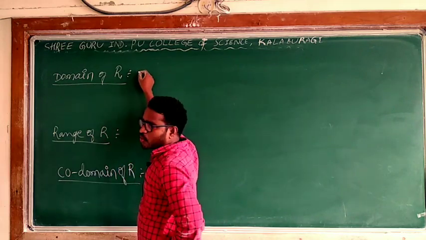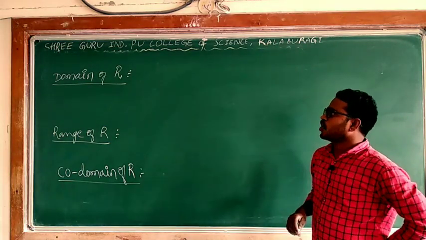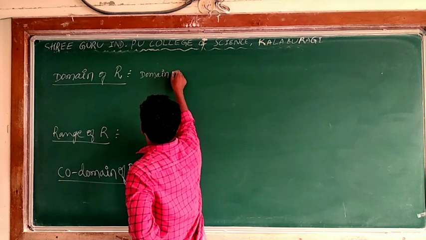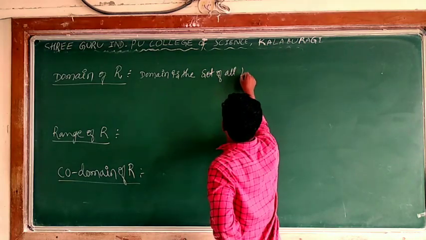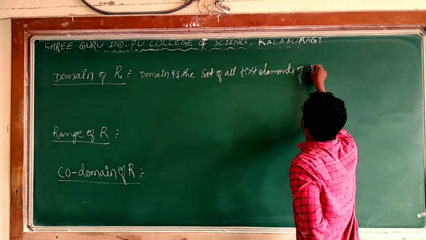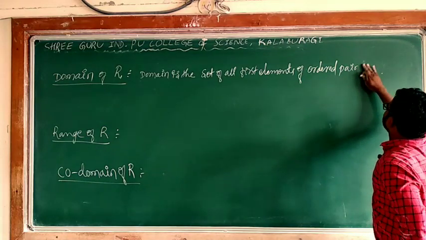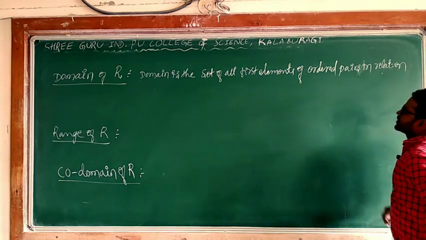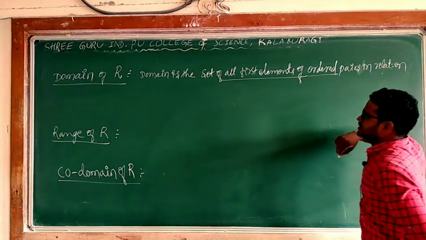Domain of R is the set of all first elements of the ordered pairs in the relation. In a relation, domain is the set of all first elements of the ordered pairs.